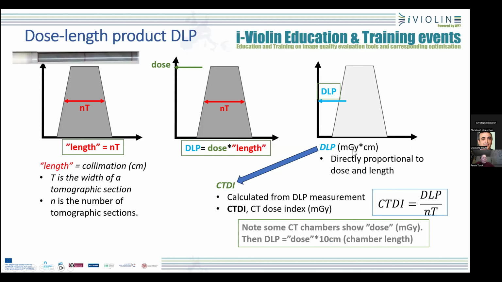Anyway, now this is a very ideal situation. We have this kind of dose distribution, which we are measuring with this kind of chamber. So basically we have the length of the beam, which is the collimation, the width of the tomographic section, and then the number of sections. And then we have some kind of tails here, which look very nice. In a real beam it's not so nice, but we have these tails.